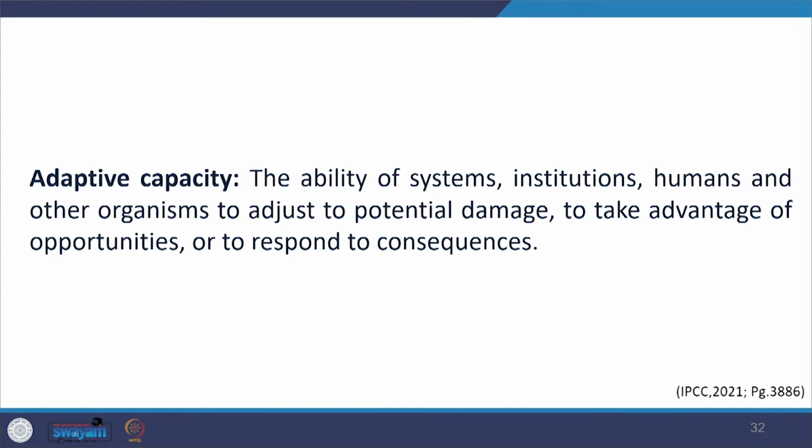So through these media, through the institutions and our systems, how we can really handle this damage or take advantage of it, that is termed adaptive capacity. Or even not only handle the damage or the opportunities, but also respond to the consequences or the results of the damage. Whatever happens, how do we really respond to that?